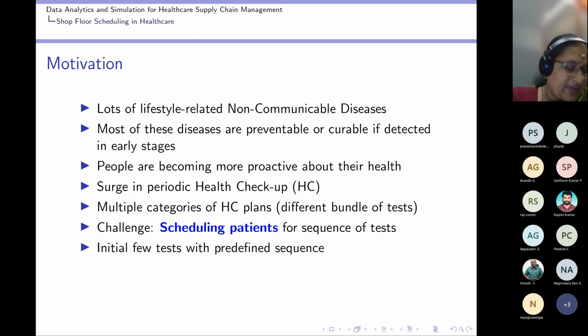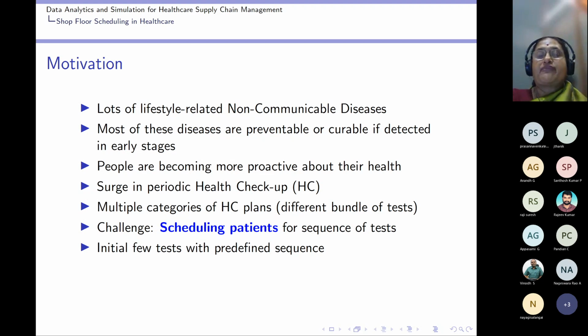According to reports from Deloitte and others, this health checkup is just going to increase in the future. A lot of healthcare delivery systems, by which I mean both hospitals and exclusive healthcare delivery systems, for example the Medalls, which offer only preventive healthcare, come up with different plans.